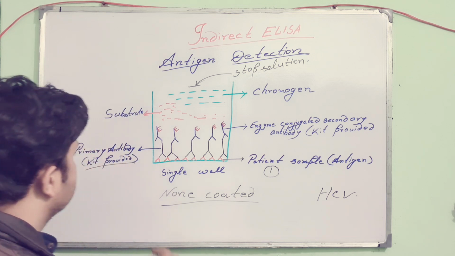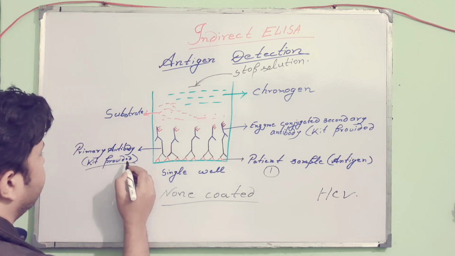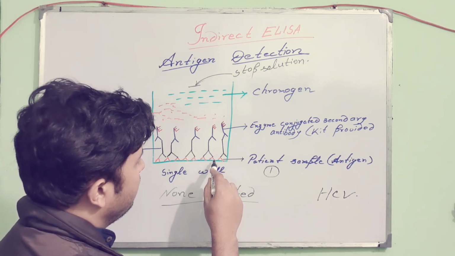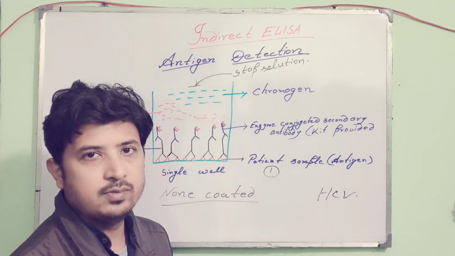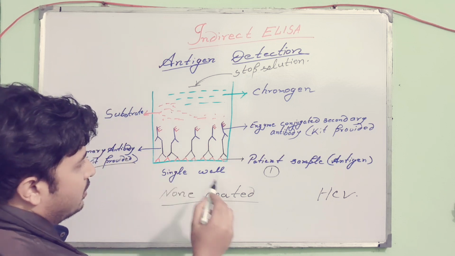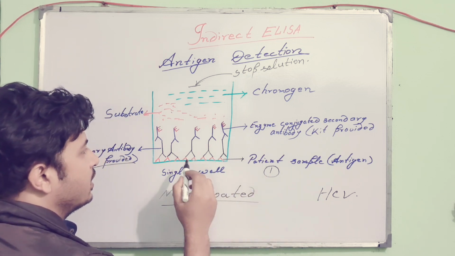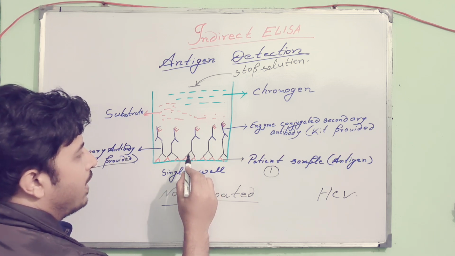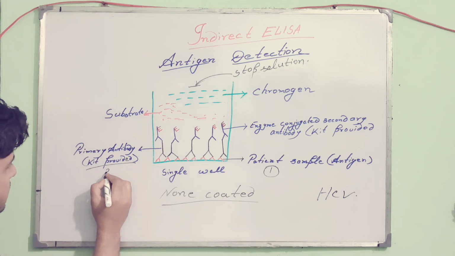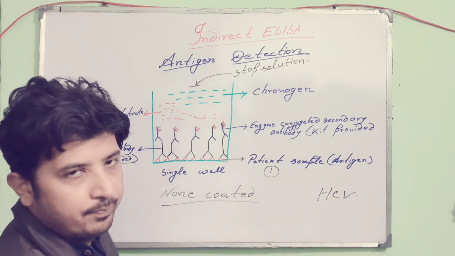This primary antibody is provided in the kit you are using, and that antibody will bind specifically to HCV antigens if the patient is positive. As I have drawn, the patient is positive, the antigen is present there, so the primary antibodies will bind to the antigens present in the wells. So this is the second step. First the sample, then the primary antibody.